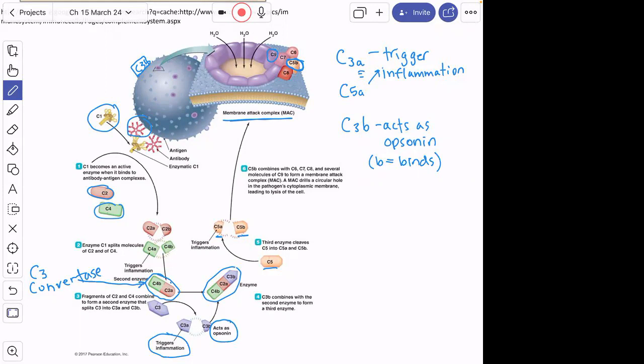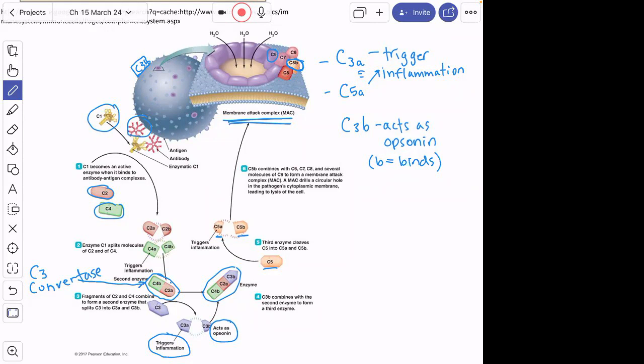Okay, so what do you need to know from this? You should know the function of the C3 A and B, the C5 A and B. You should know which complement proteins form that membrane attack complex. Sometimes I like to ask a question like, well, what if a person can't make complement protein C5a?